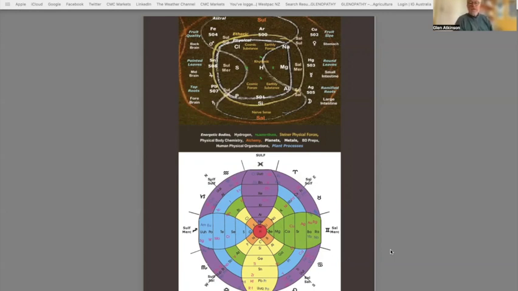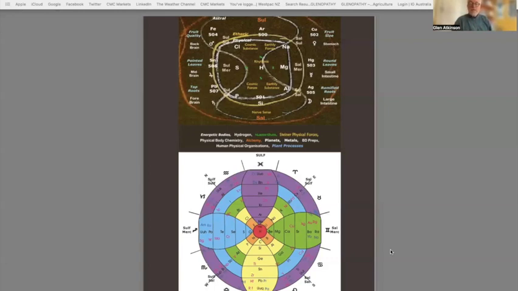We can again look at this threefold organization of the human and the plant, with the head in the soil and the metabolic system to the top. And we can see all of these different references that play into how the energetic activities work.